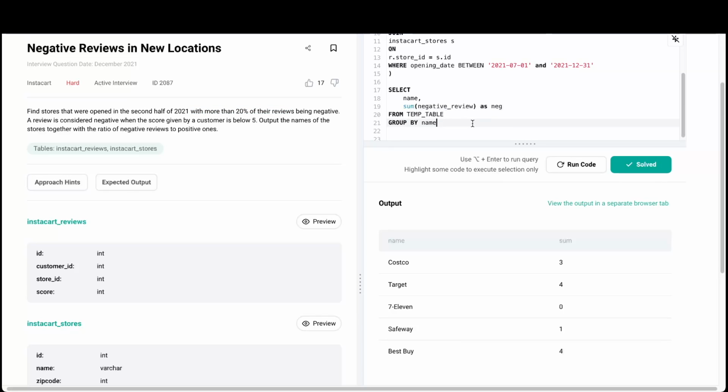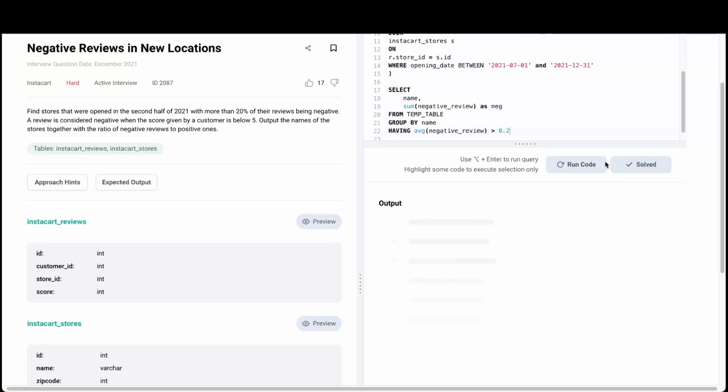So we can get that by using a having clause, having average negative review. 20%, 20 divided by 100 is 0.2. So we can just do 0.2, and then you get everything. All right, so we get all the stores that have more than 20%.